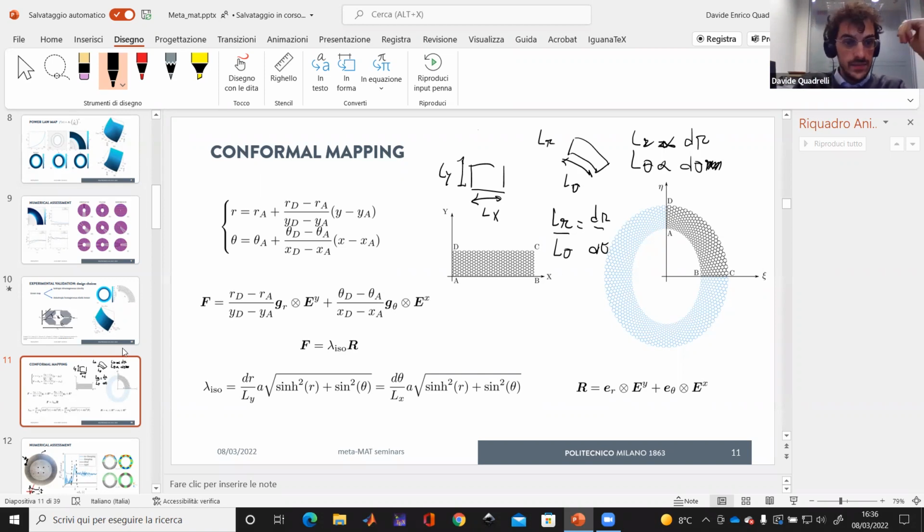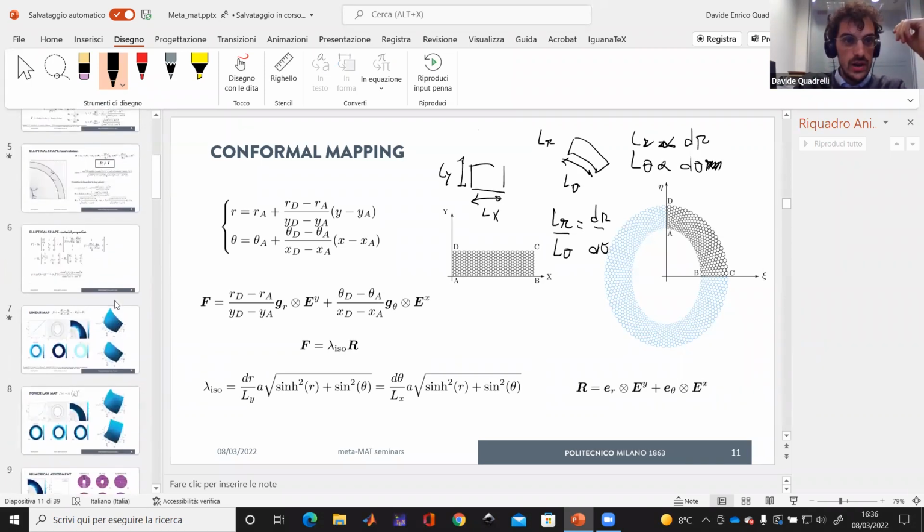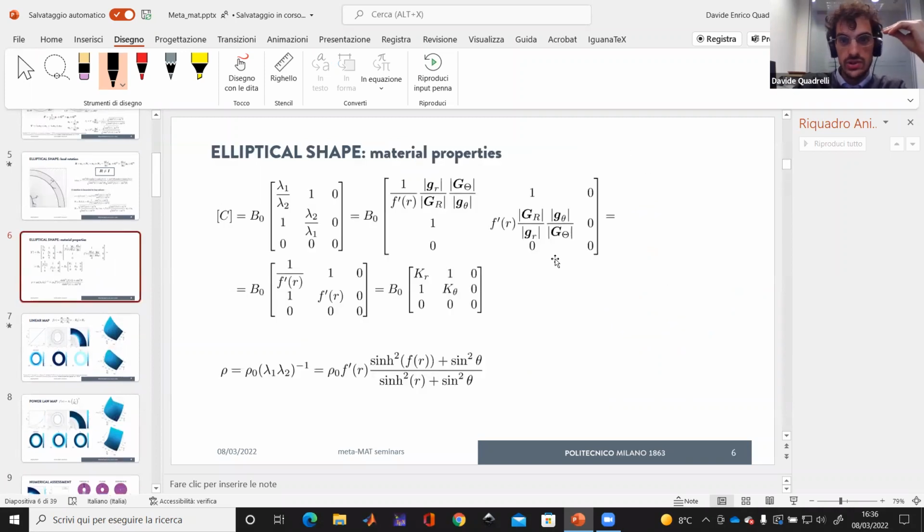And this equal scaling factor is also the origin of the fact that the elasticity tensor only depends on the map, because the modulus of the basis vectors goes away, and this does not happen in polar cloaking, where you would have R over r, something like that, the big coordinate.